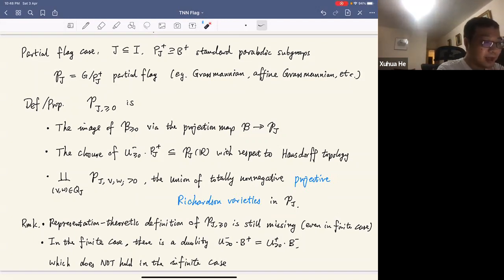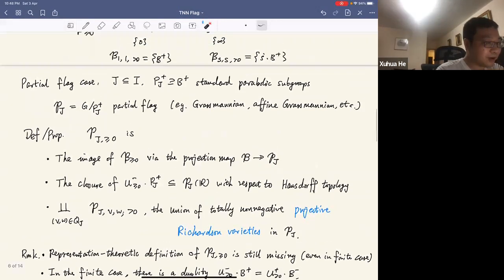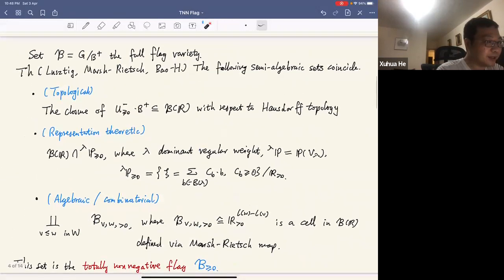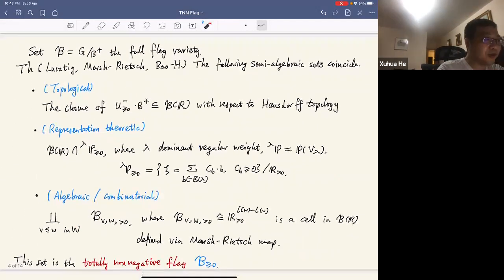Another way is that we can follow a similar definition as we did here. In the full flag case, we have this topological definition: we take the closure of the U minus totally non-negative orbit. So this definition remains valid.